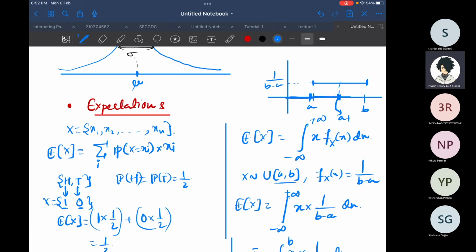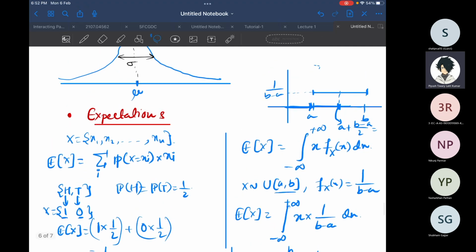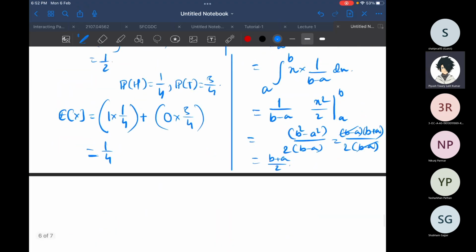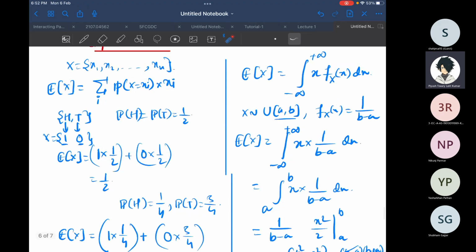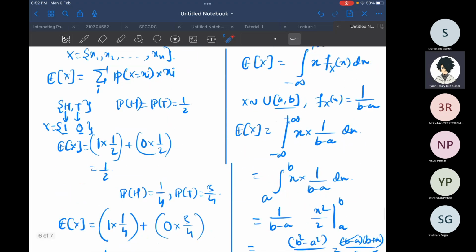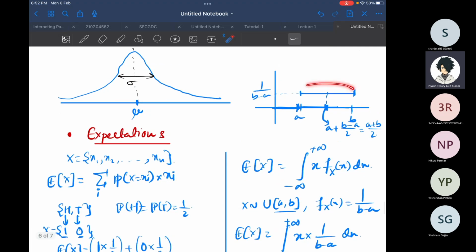So if I add a plus b minus a by 2, this will become a plus b by 2, and this is what we have here as well. So in some sense it is just giving us what we already expect from a uniform distribution. Since it is assigning the same weight to each of these points, the middle point is what I should expect.